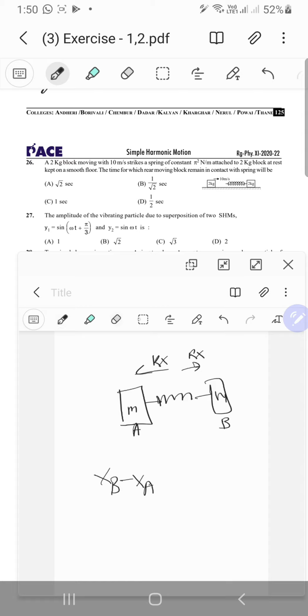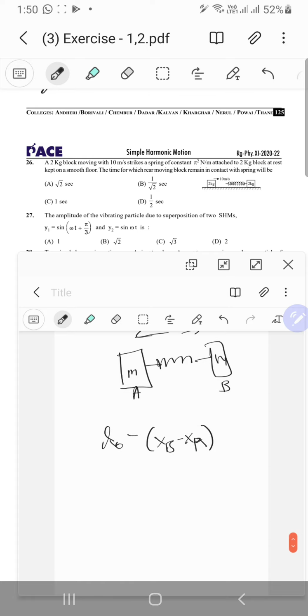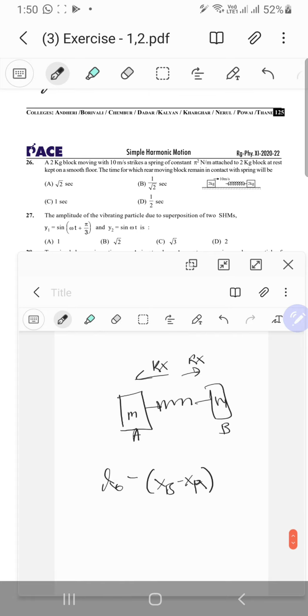And say it was at an original length, so L naught was its natural length, minus the new length which it has now, xb minus xa. This is the compression. What even is L naught? We don't know.